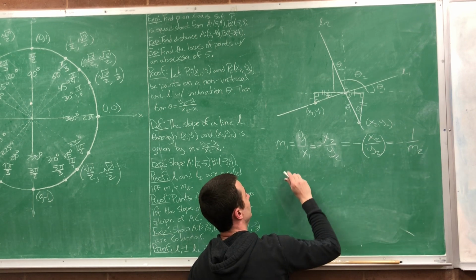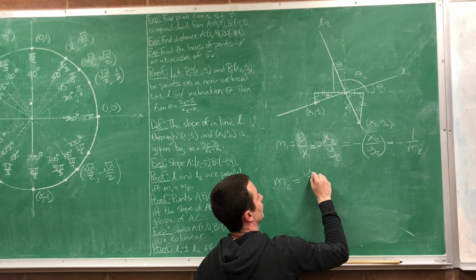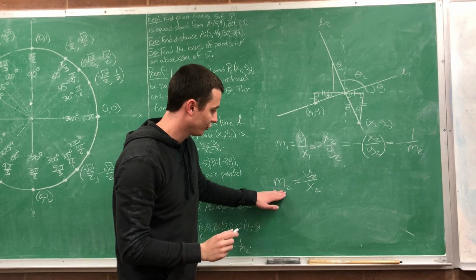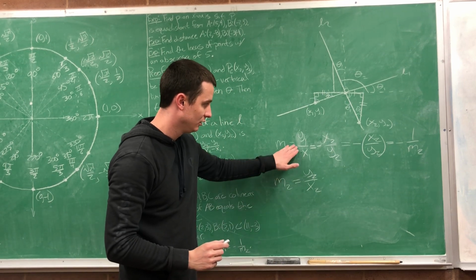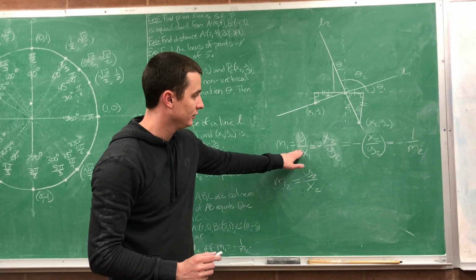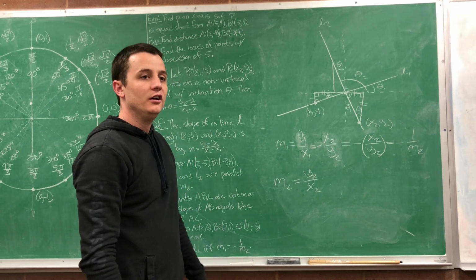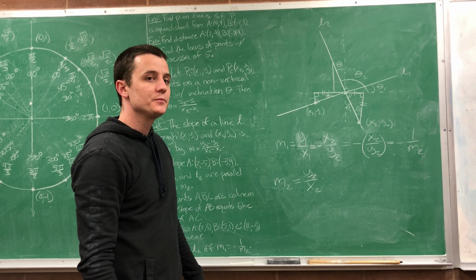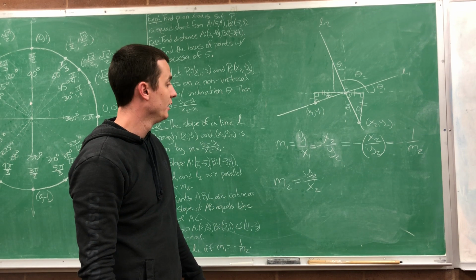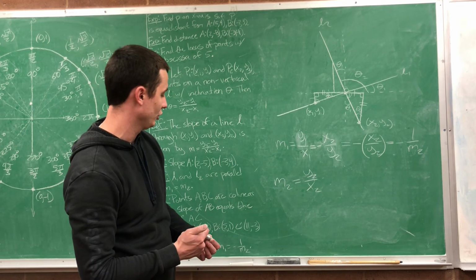Because remember, m2 is just equal to y2 over x2. Here's the slope of m2, here's the slope of m1. And so m1 is also equal to negative 1 over m2. Good? Mm-hmm. All right, so there's that way. If they're perpendicular, then that's the case with their slopes.